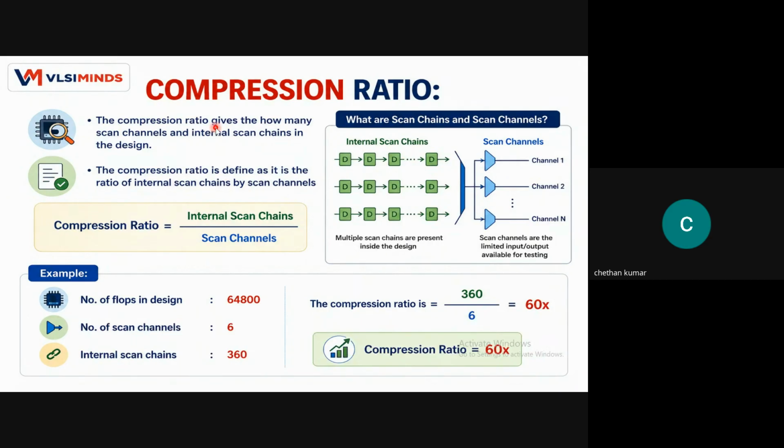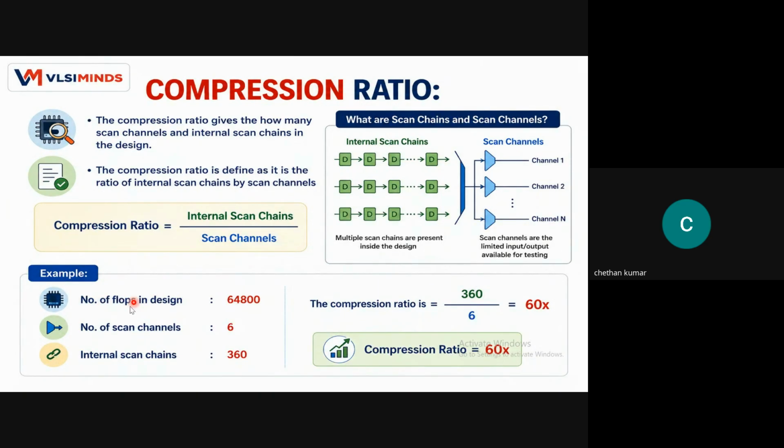So the compression ratio tells how many scan channels and how many chains are in the design, that is, how many chains are connected to each channel. For example, let us have a design with 64,800 flip-flops, which are your sequential elements.